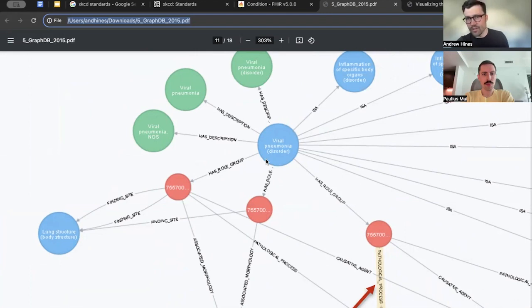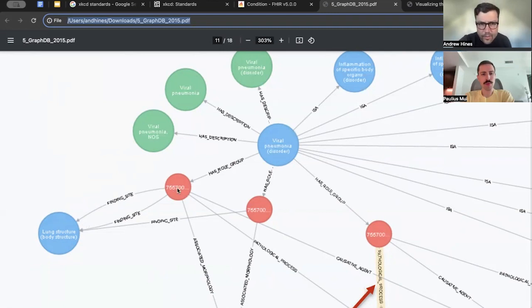So viral pneumonia is a disorder that no doubt exists in ICD-10, some concept like this, right? Now, you can see in SNOMED, the lung structure over here, the lung, right, is also a distinct concept. And it is related by way of a finding site, right?